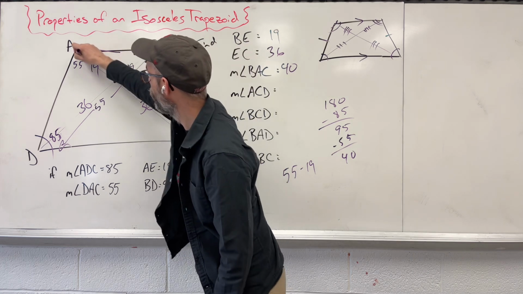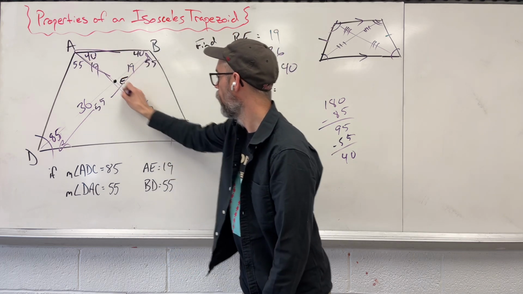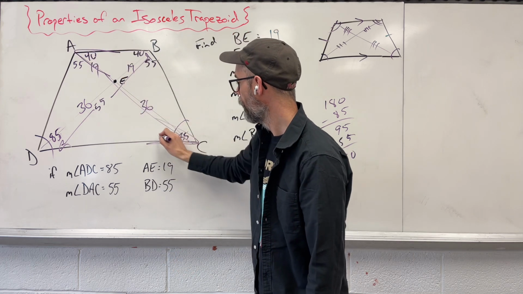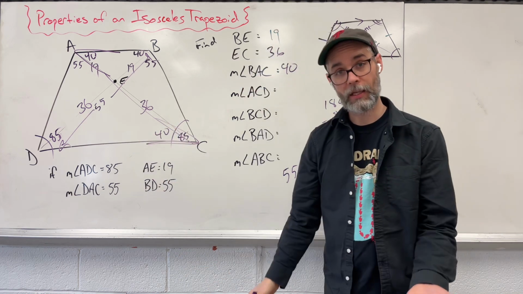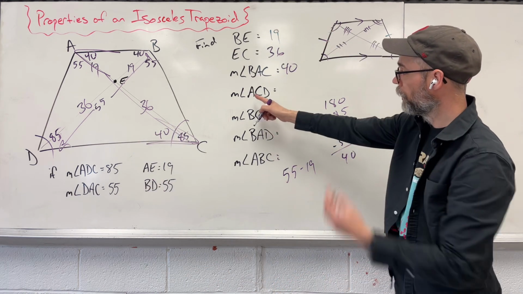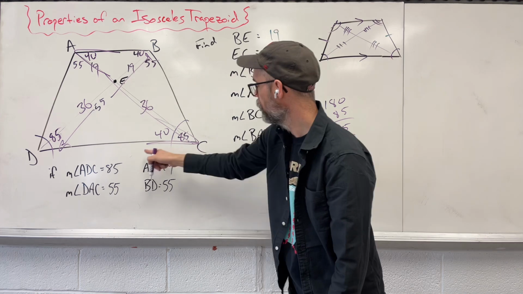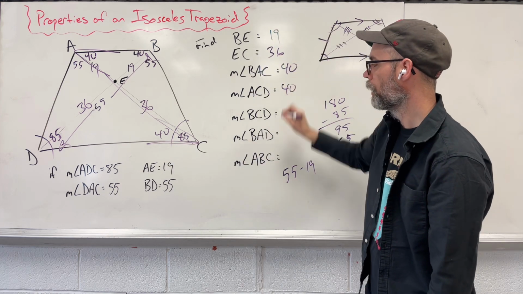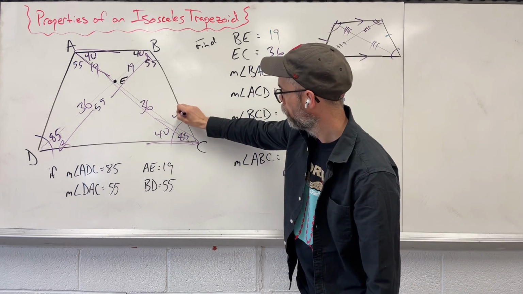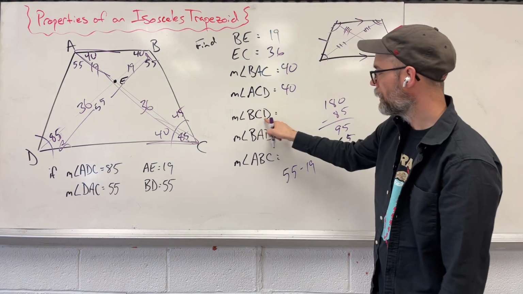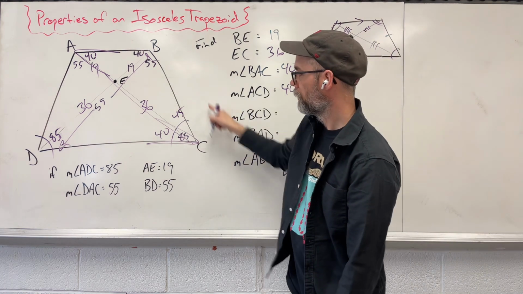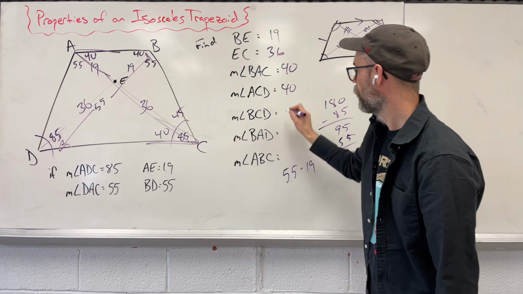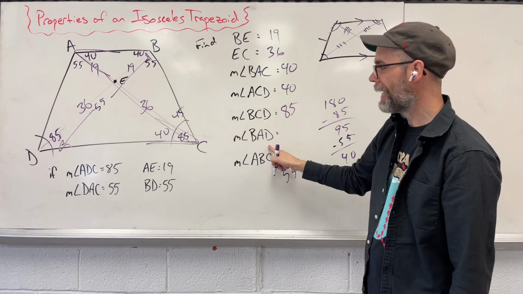If I know that this is 40, coming all the way down, this angle also has to be 40. So what is ACD? ACD has got to be 40, leaving this side 45. BCD, the whole thing, is 85.